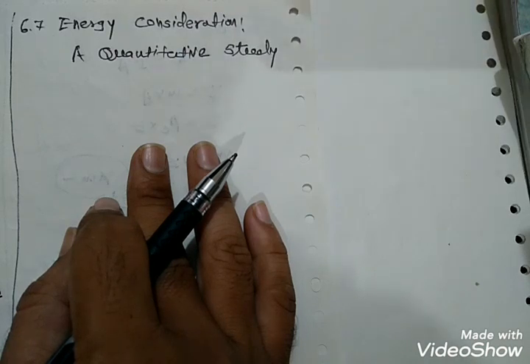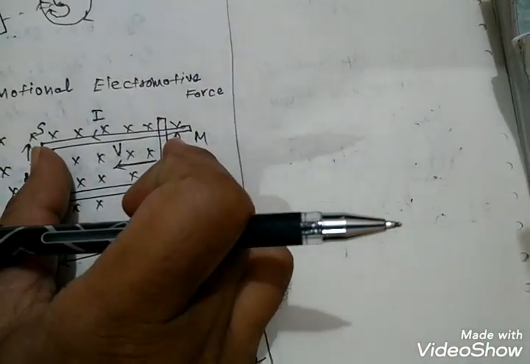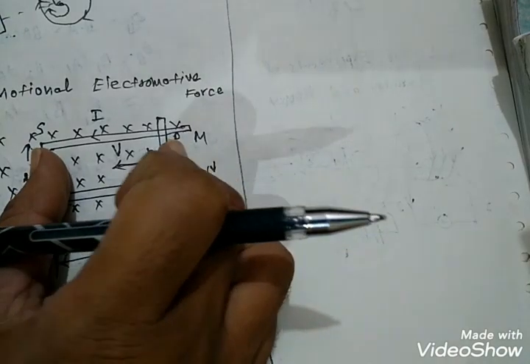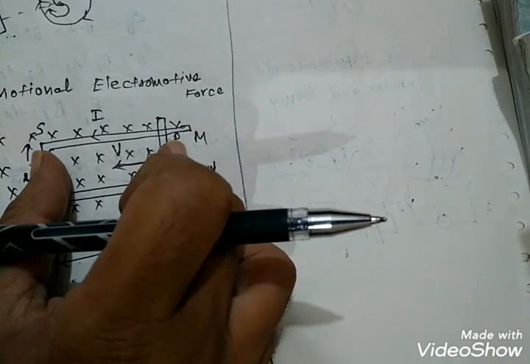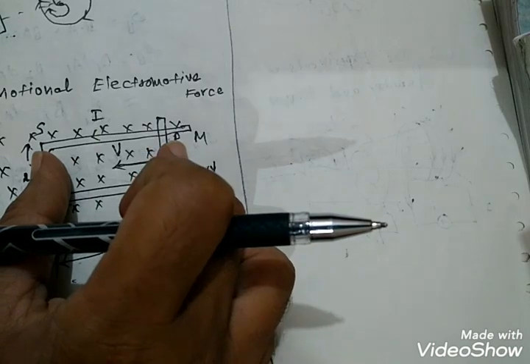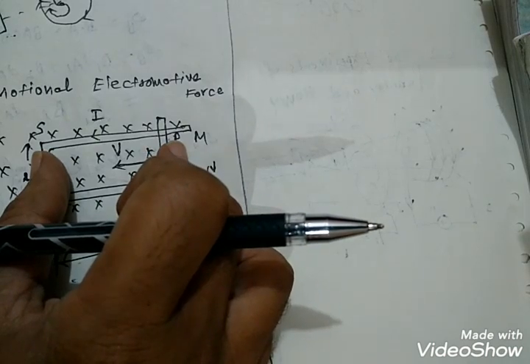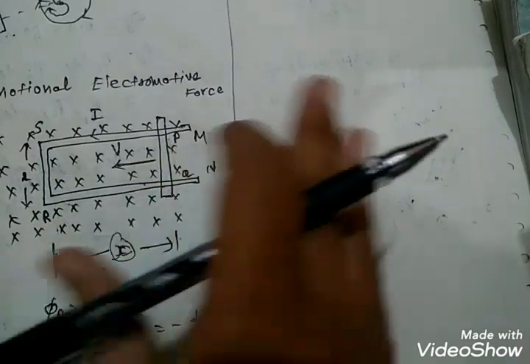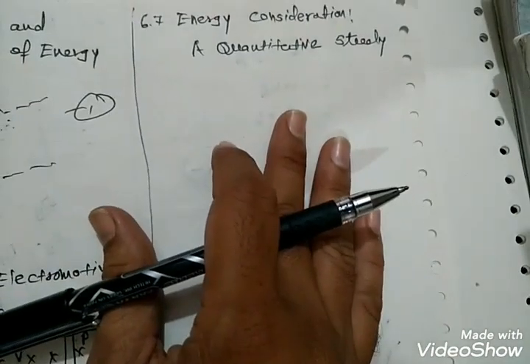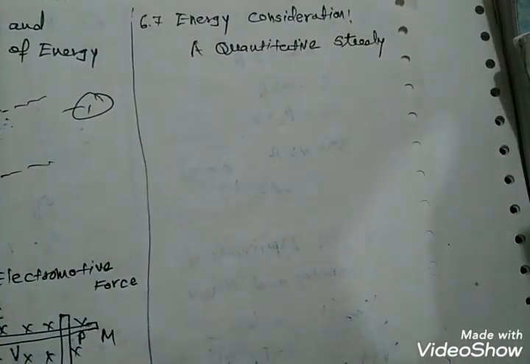We assume that the remaining arms QR, RS and SP have negligible resistance compared to R. The overall resistance of the rectangular loop is R and this does not change as PQ is moved.